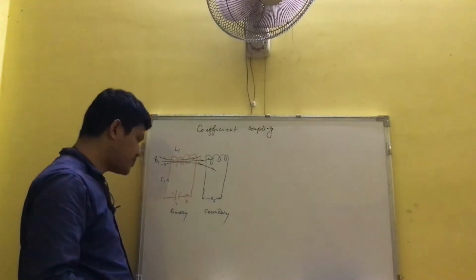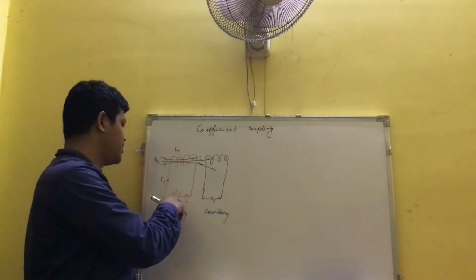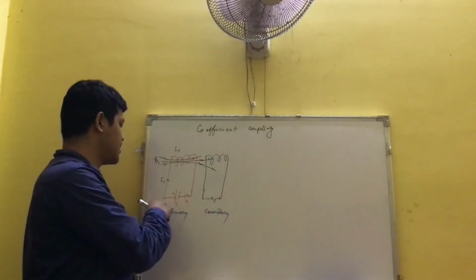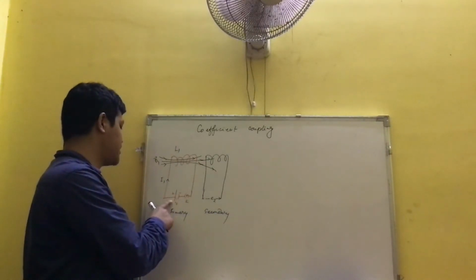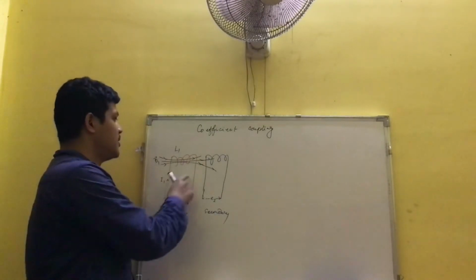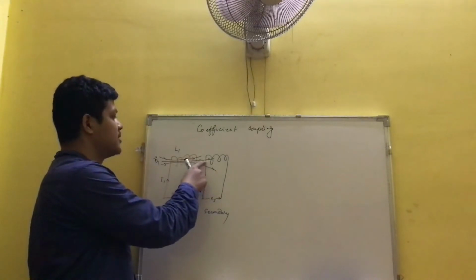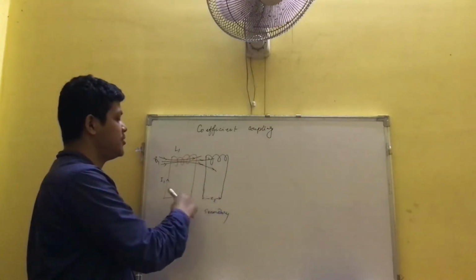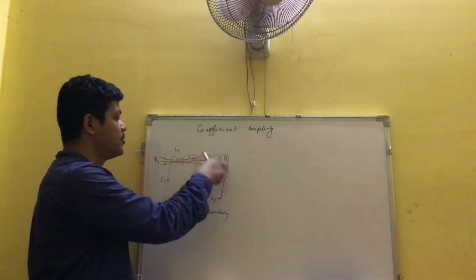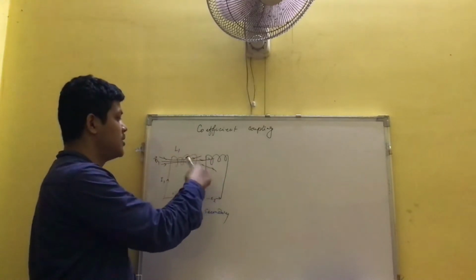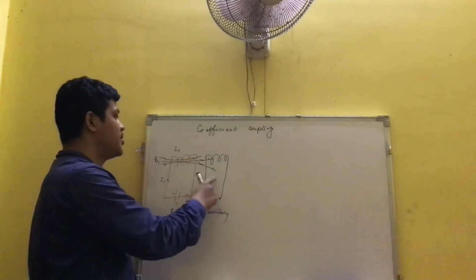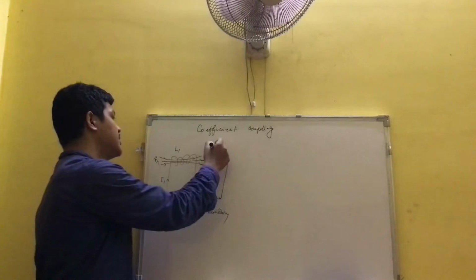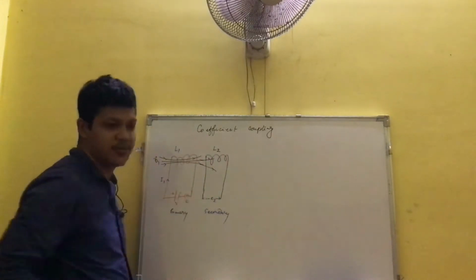So now, due to change in current, when current rises from 0 to I1, there will be a change in magnetic flux through this coil as well, and then there will be an induced EMF, for which current will flow in this circuit, and because of that current there will again be a self-inductance, suppose L2.